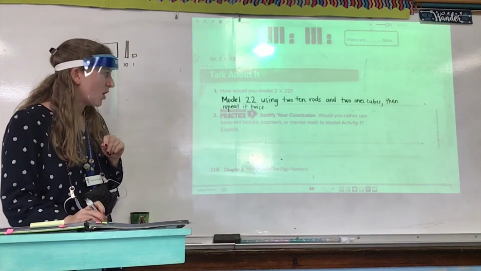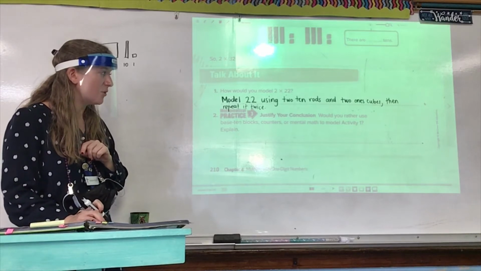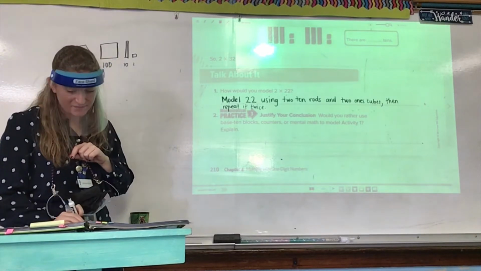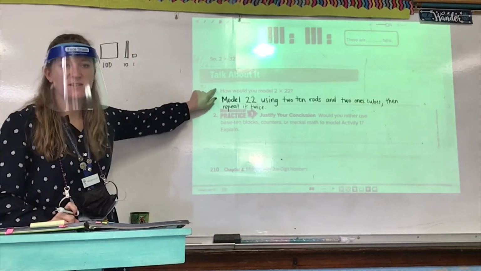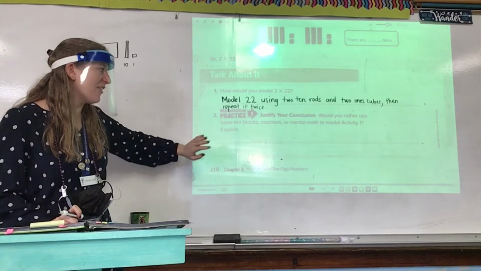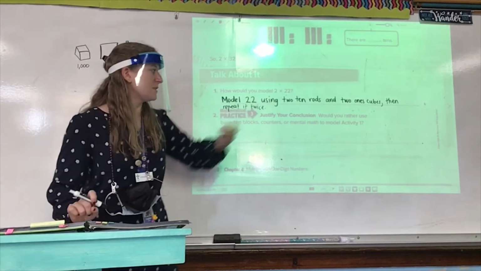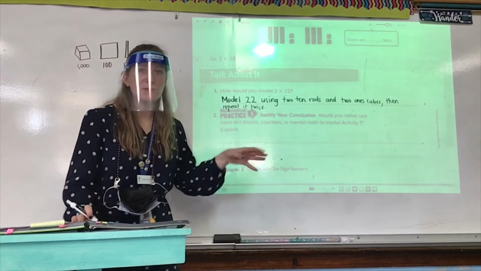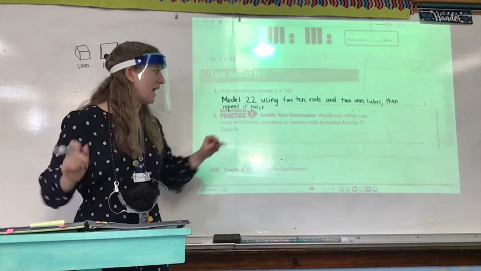Number 2. Would you rather use base 10 blocks, counters, or mental math to model activity 1? Sorry, this is activity 1. So would you rather use base 10 blocks, like what we've been doing in this lesson, to model 2 times 22, counters, which means like an array, or mental math, which means in your head?